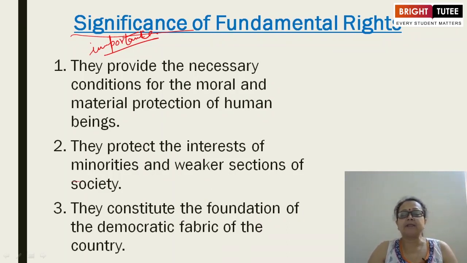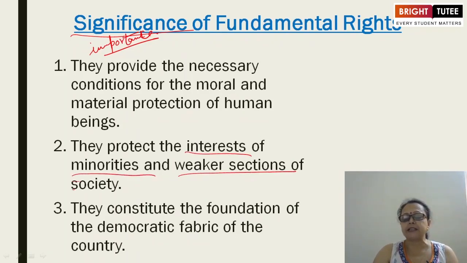Not only does it give fundamental rights to every citizen, but it gives special protection. It protects the interests of the minorities and the weaker sections of our society. They constitute the foundation of the democratic fabric of the country.